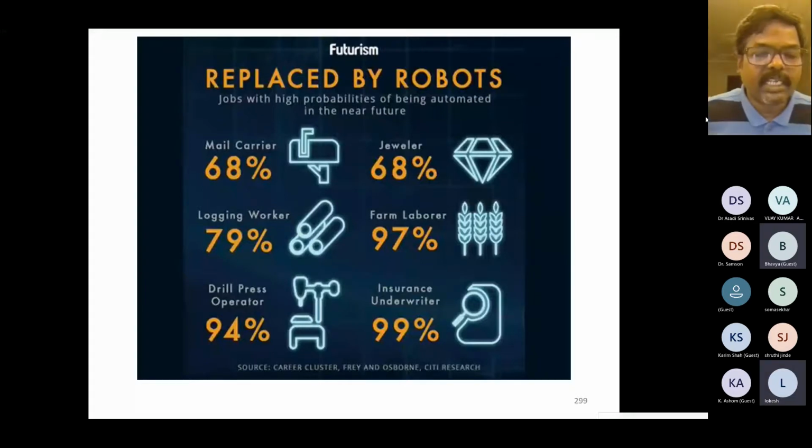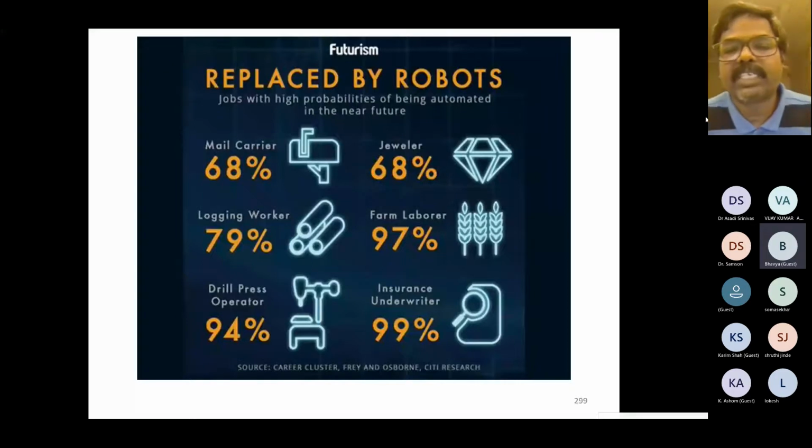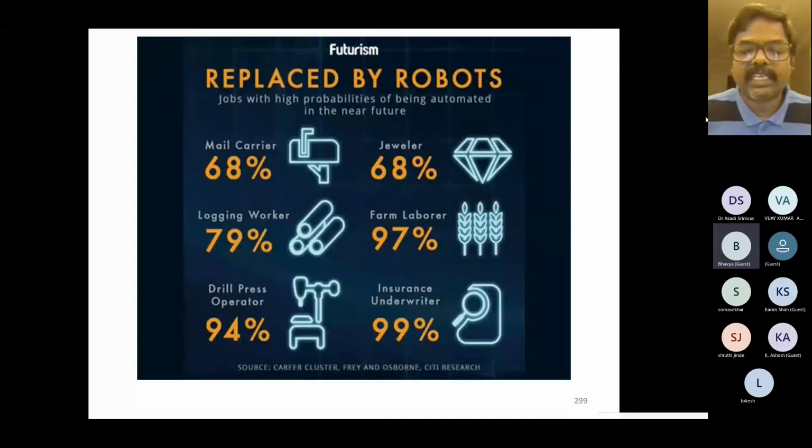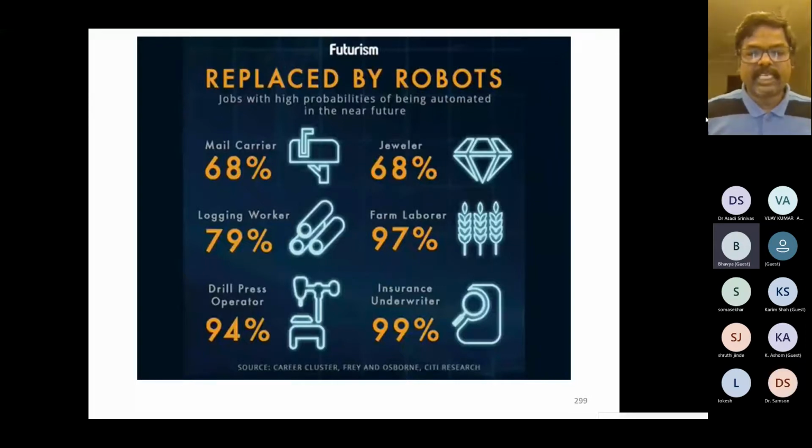Drill press operator, 94%. Jewelry related applications, AI has already entered the jewelry field, 68%. In agriculture, farm laborer, 97%. Insurance underwriter, 99%. These are already replaced by robots. I am giving examples.